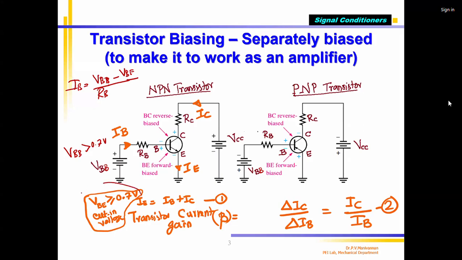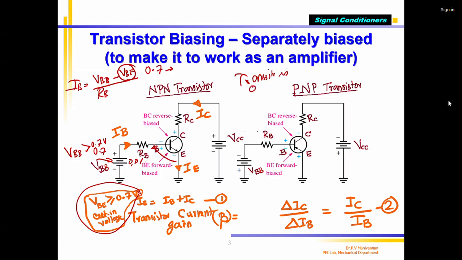Because the silicon transistor base to emitter will conduct only when the input VB is greater than 0.7. So that means if you apply 0 volts, no. 0.1 volt, no. I apply 0.7 volts. What will happen? 0.7 minus 0.7. Please note that when the transistor starts conducting, we'll say the transistor is conducting.